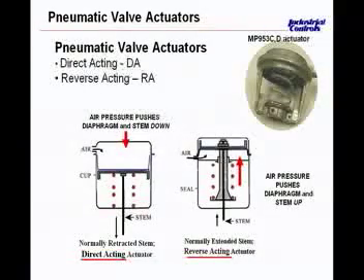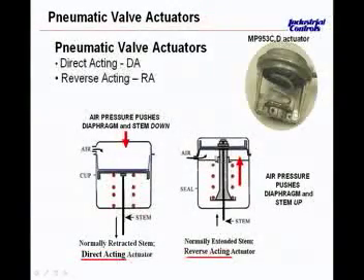Then from the opposite action is where the air pressure comes in underneath the bladder. And in this particular case, we can see that this air pressure is coming in underneath the air, and therefore the fitting that would be on the side of this actuator is physically further down from the top of this actuator. And you can tell often, as far as looking at those valve actuators, that this might be a reverse acting actuator.